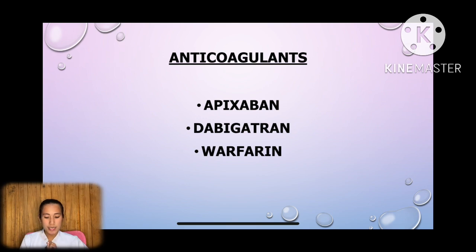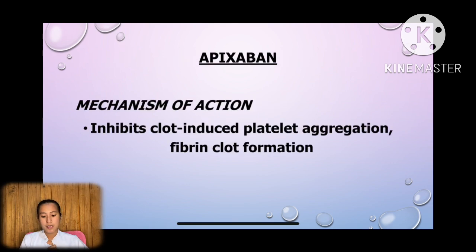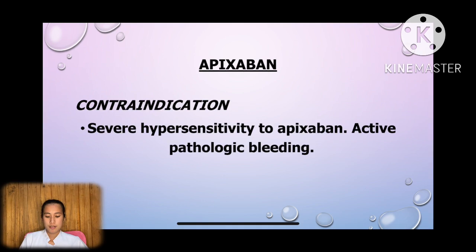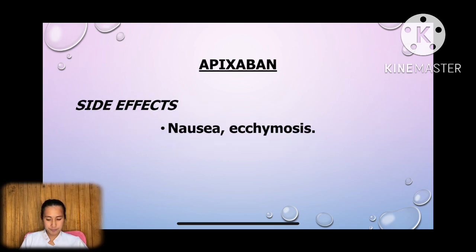Let's go to the apixaban. Its mechanism of action is that it inhibits clot-induced platelet aggregation, fibrin clot forming. So its contraindication is that it will have severe hypersensitivity to apixaban, active pathologic bleeding. Its side effects are nausea and ecchymosis.